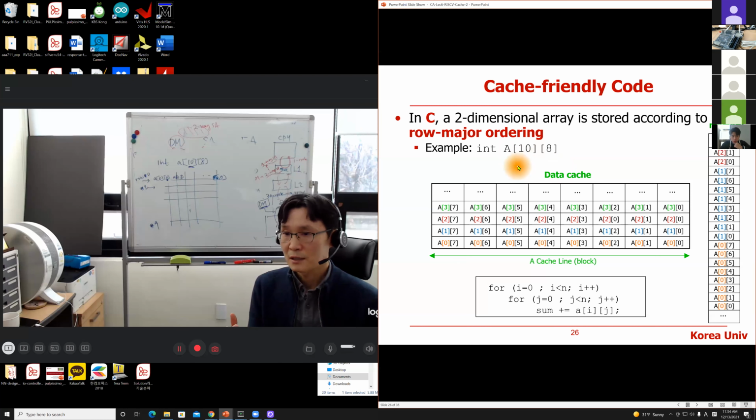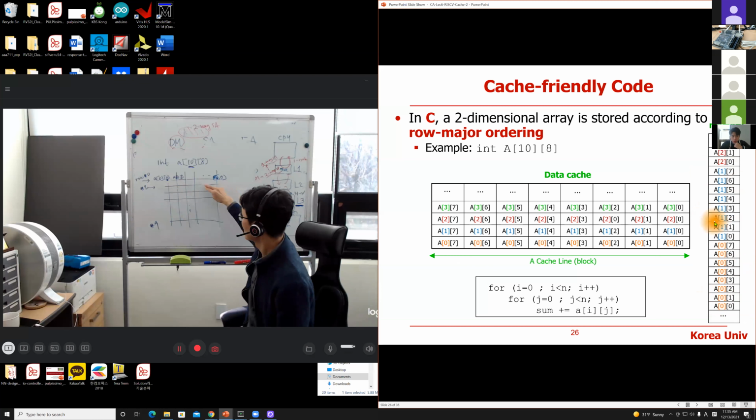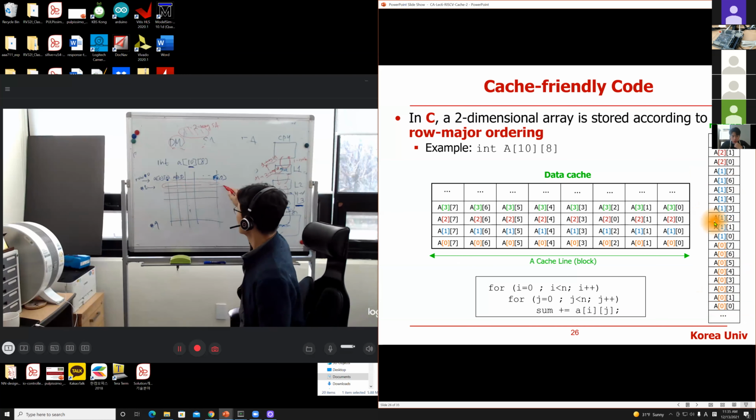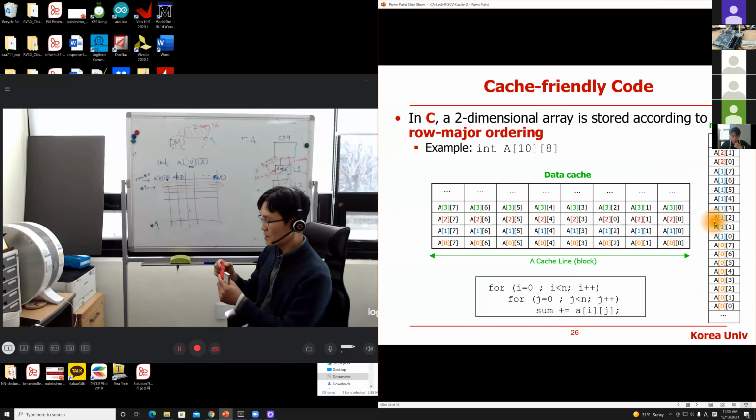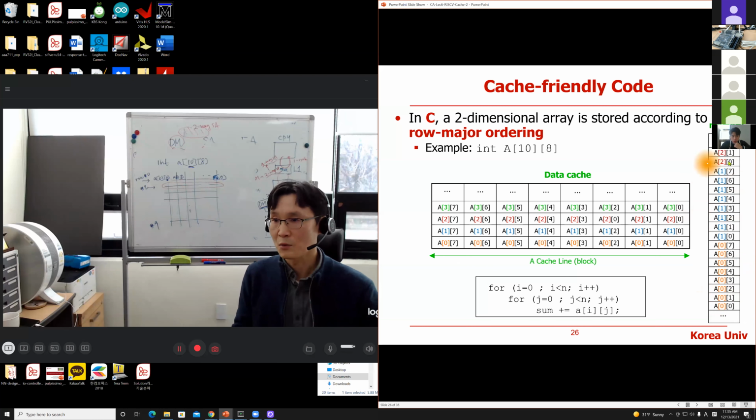And the next 8 data, row number 1, are also stored in consecutive memory locations. So that is row major ordering.